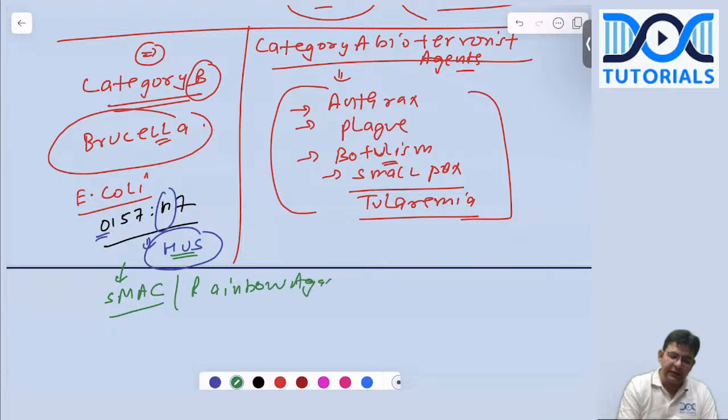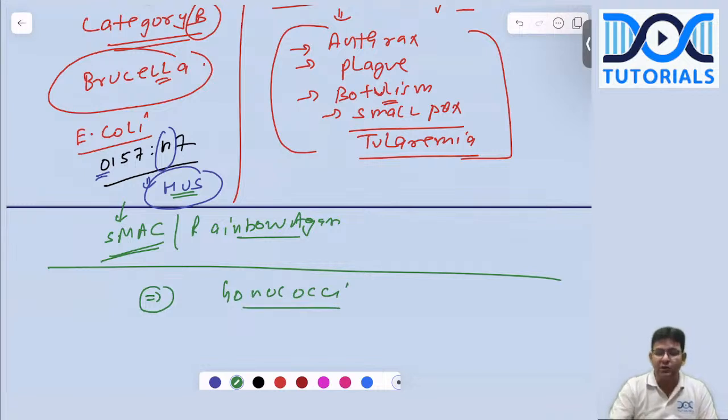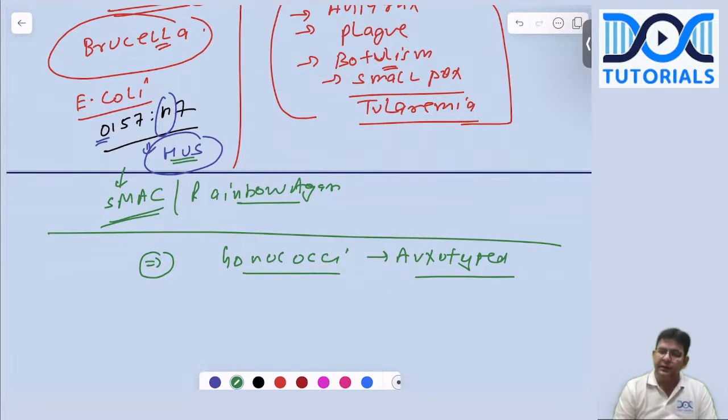In the recent NEET PG, what they asked regarding gonococcus: it ferments only glucose, and it is classified based on nutrition, which is termed auxotyping. That is also an important one. Then category C, as Billa has told, Nipah and Hanta along with SARS-CoV.